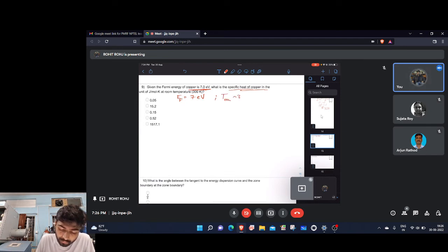Now to convert electron volts into joule, we multiply by the electronic charge, that is 10 to the power minus 19 coulomb.